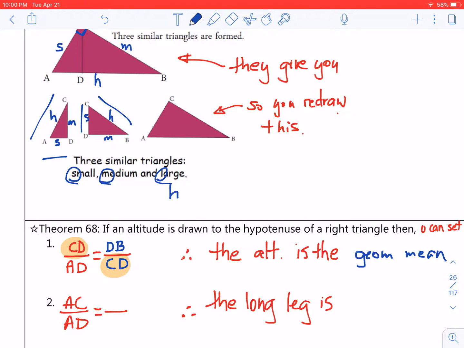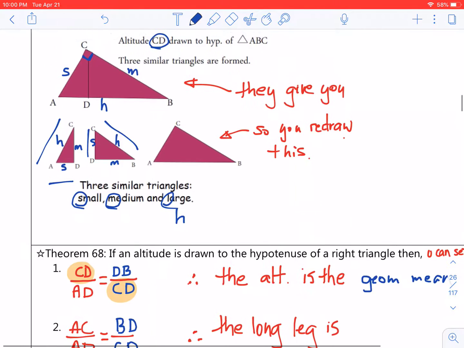So CB over, sorry, yeah, BC over AD, over, get lost, CD. Now there's one other possibility. Notice we don't get the nice little elegant CD showing up in both like we did in the first one.